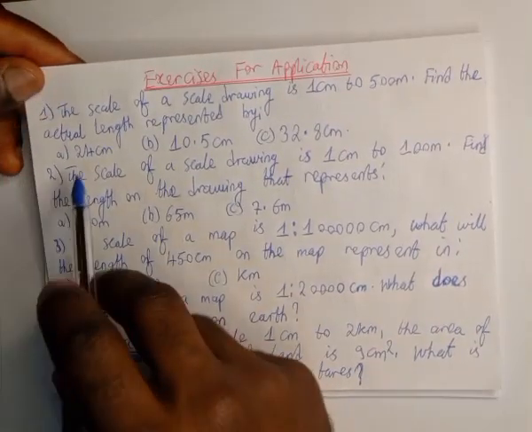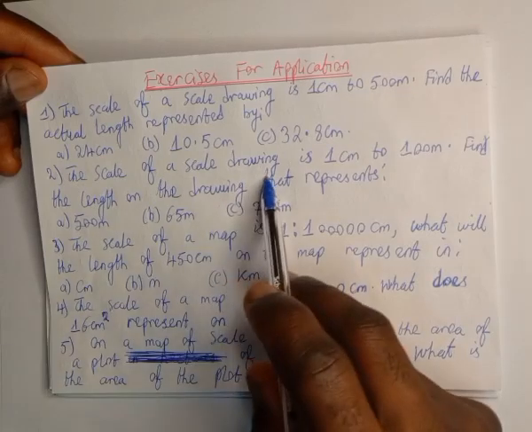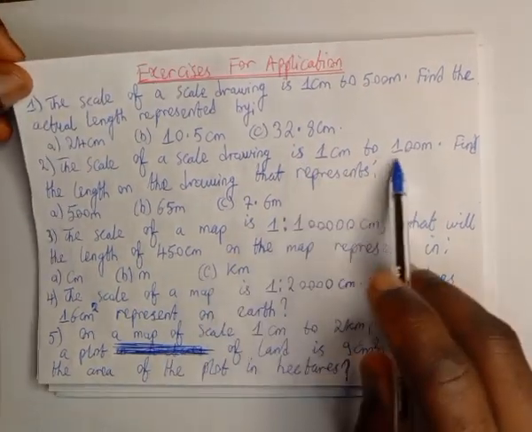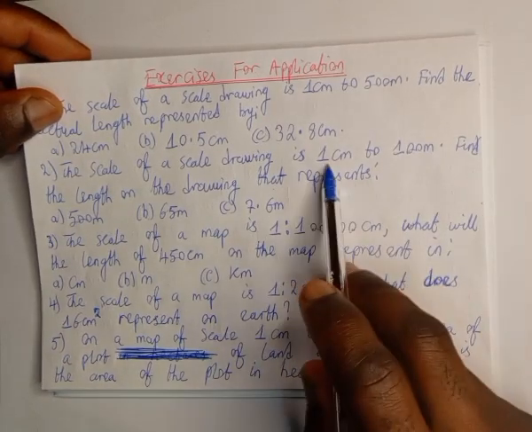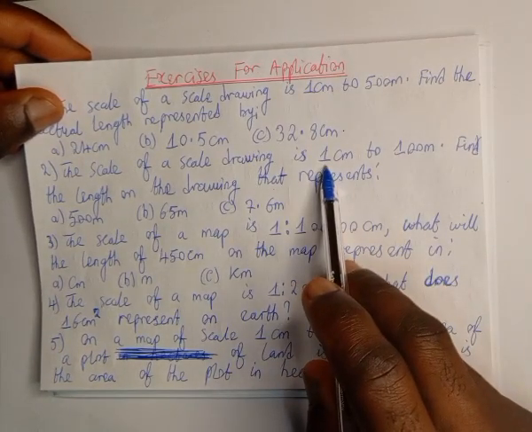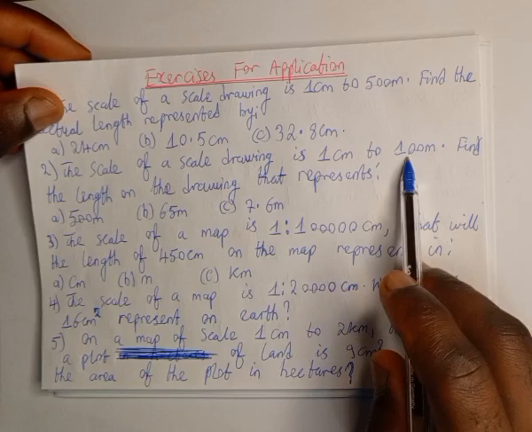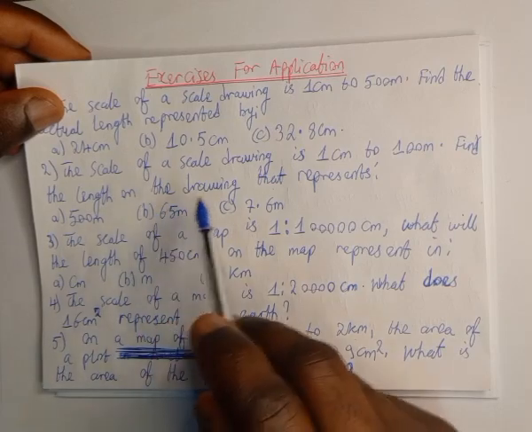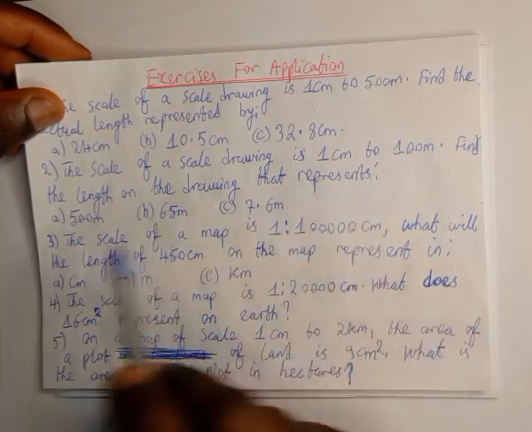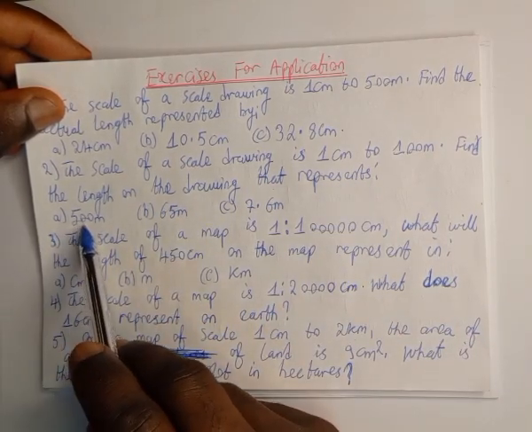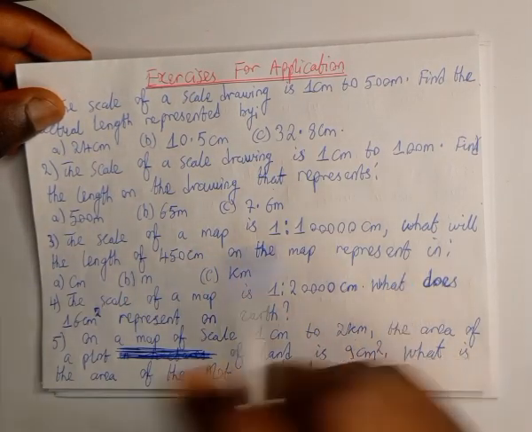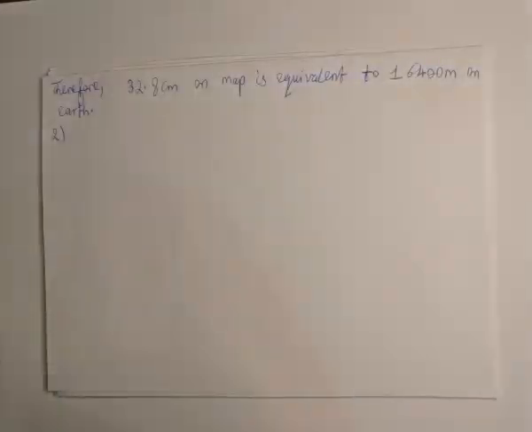The scale of a scale drawing is 1 centimeter to 100 meters. That means every 1 centimeter on the map represents 100 meters on the Earth, or in reality. Find the length on the drawing that represents 500 meters. That means on the map we have to find the length that represents 500 meters.